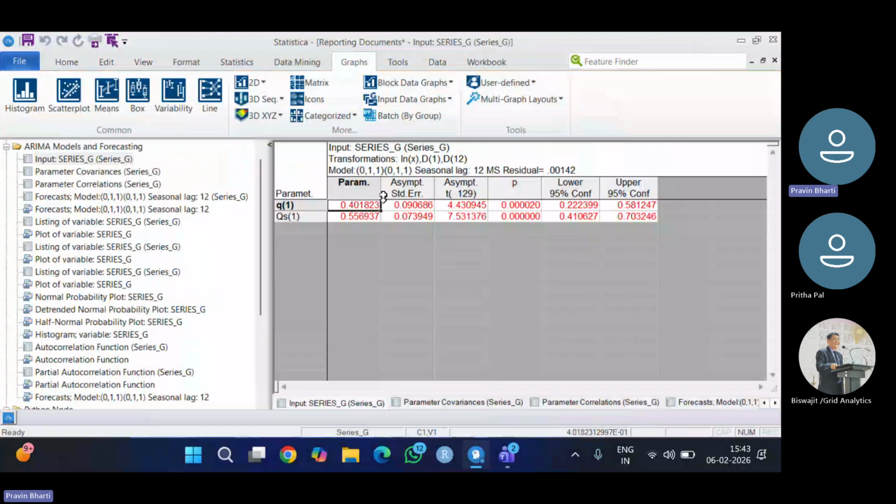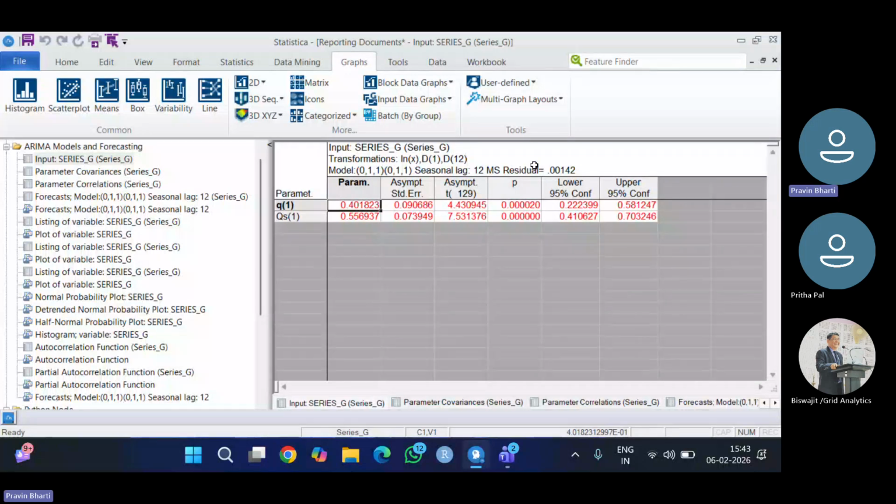This small q1 denotes the regular moving average, and this capital QS is the seasonal moving average parameter. Both values are highlighted as their p values are less than 0.05.